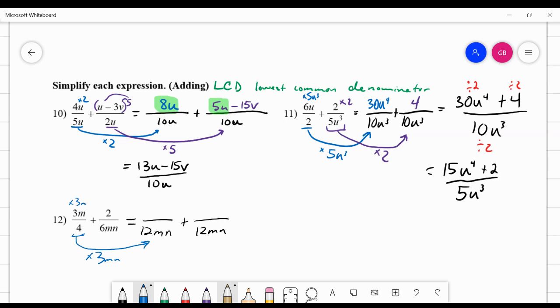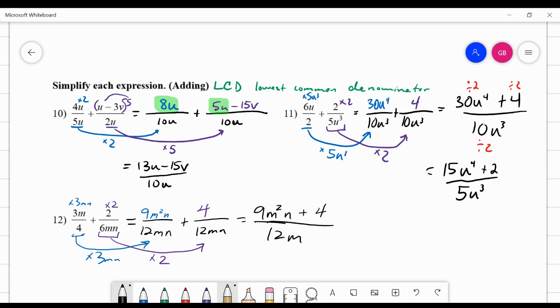So 3mn times 3m would be 9m squared n. And then to get from 6mn to 12mn, you multiply by 2. So 2 times 2 is 4. So you're left with 9m squared n plus 4 over 12mn. And here we don't have any common factors. So that's your answer.